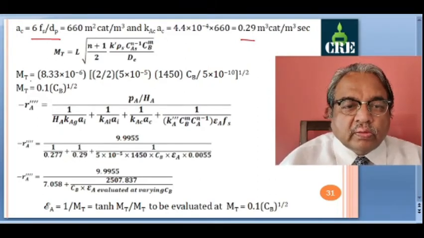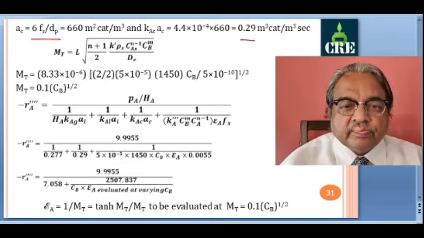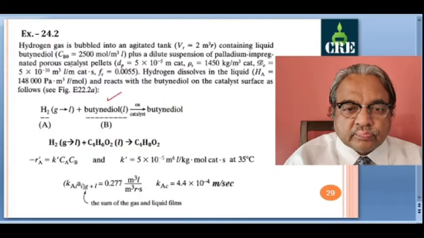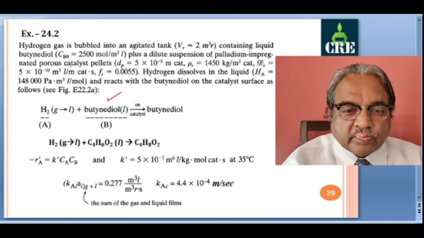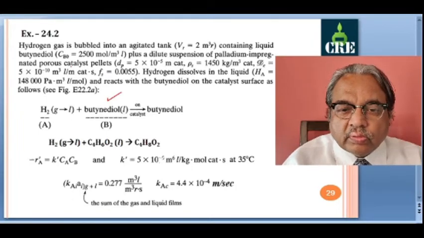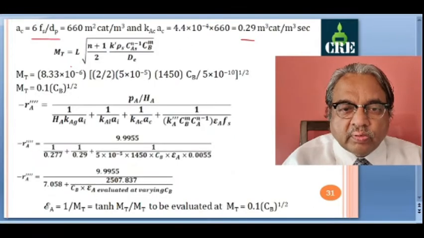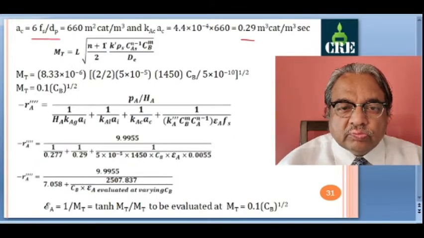So MT we can find out, L is dP by 6. Here n is equal to 1. Ca raised to n is 1. So it is n plus 1 by 2, which is 1 plus 1 by 2.